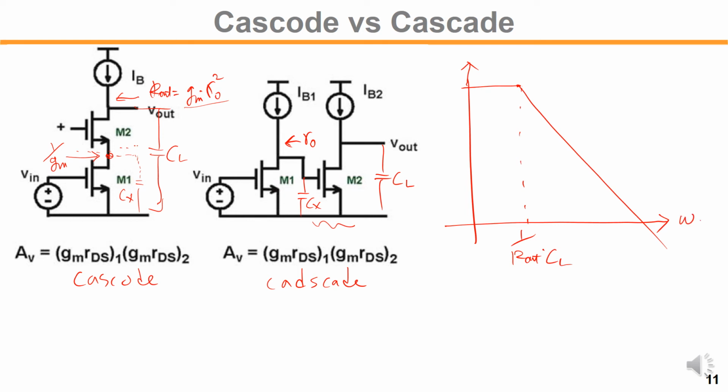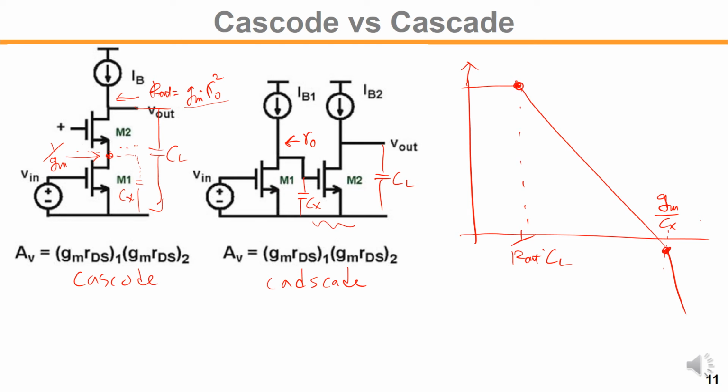And the second pole is given by 1 over GM and CX, so the pole location would be GM over CX, right? There's the first dominant pole and the second pole.